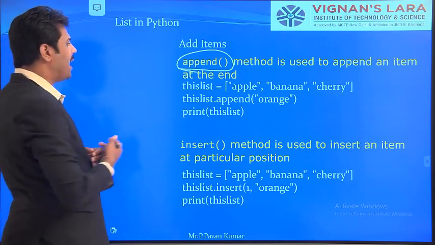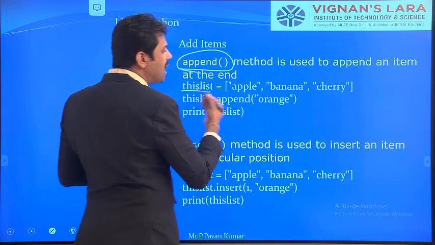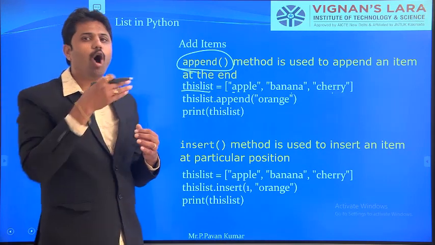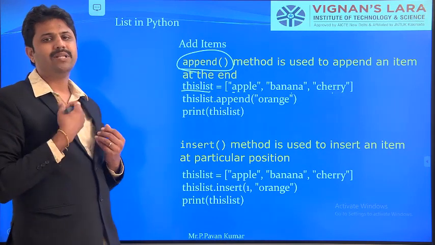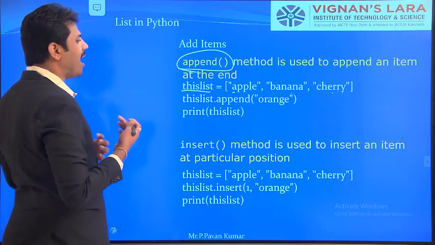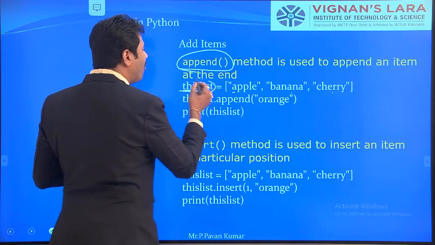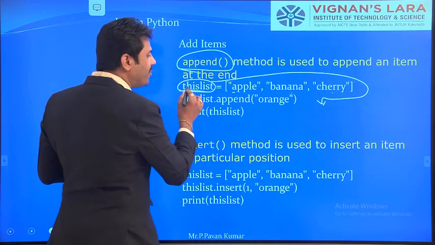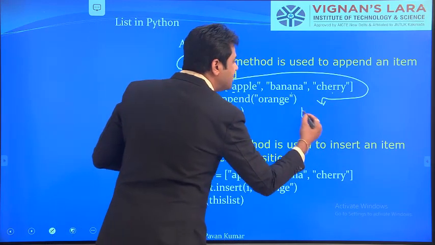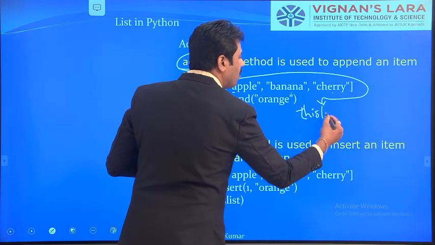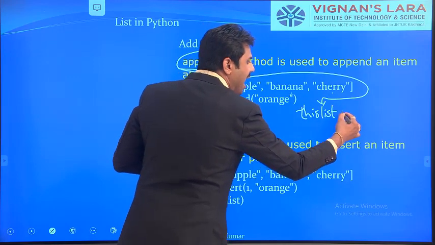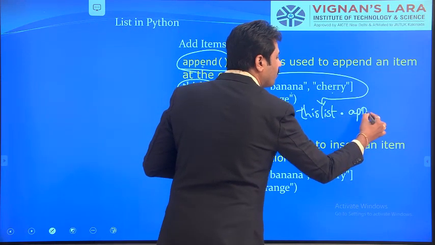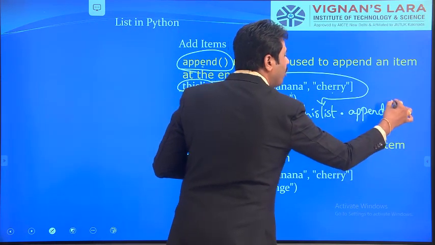For example, this list is my list which contains apple, banana and cherry. I want to insert orange here. You simply write a statement: name of the list. What is the name of the list? This list, dot. I have a method. What is the method? Append of orange.